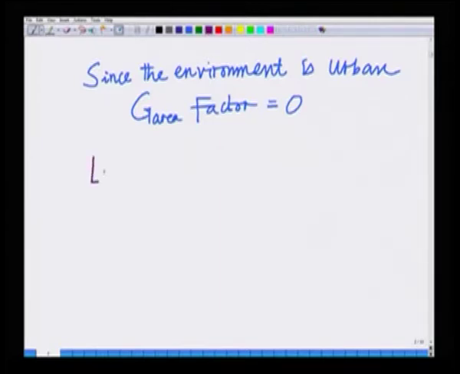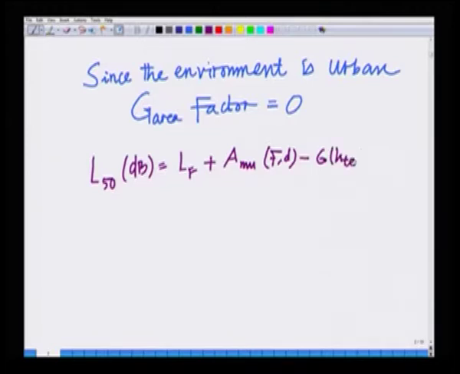The 50th percentile path loss in the Okumura model, L50 in dB, is the free space path loss plus the A mu factor f of d, minus G h T E, minus G h R E, plus G, minus G area.